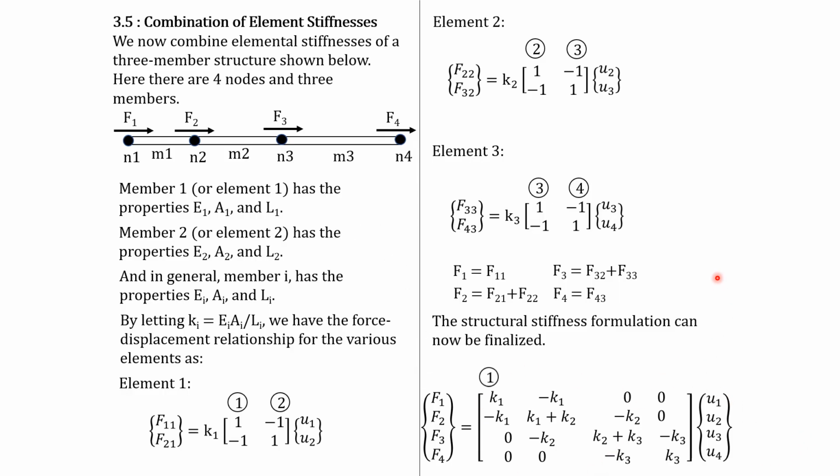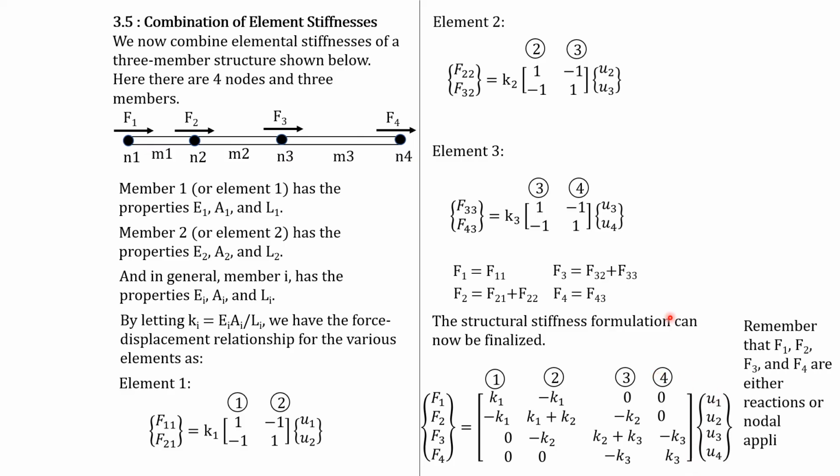That's how it is expanded. So we have columns 1 to 4 and rows 1 to 4. Remember that F1, F2, F3, and F4 are either reactions or nodal applied loads. Remember that case.